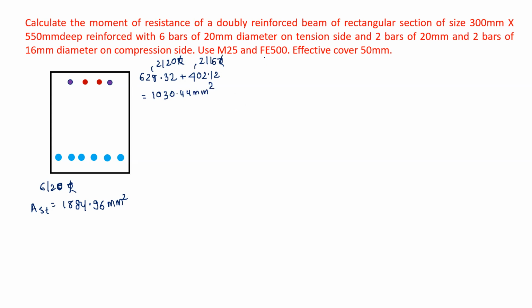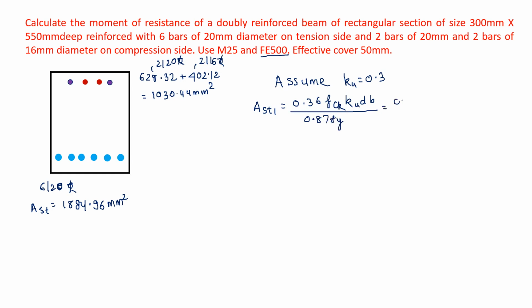Now we have Fe500. So we go to step 1. We assume Ku is equal to 0.3. Then we have to calculate AST1. So for the first trial, AST1 is 0.36 FCK Ku D B upon 0.87 Fy.